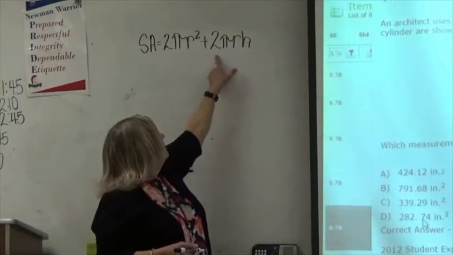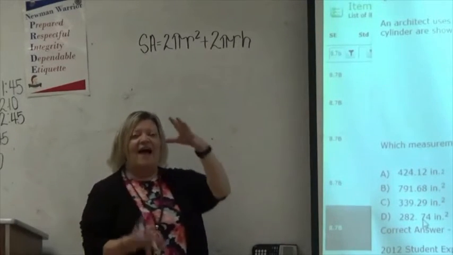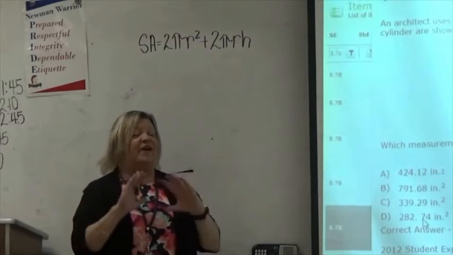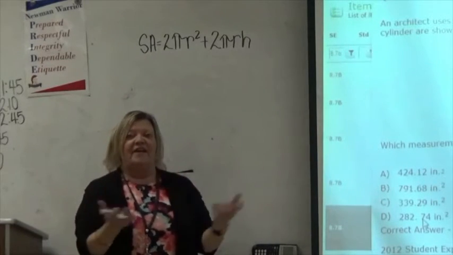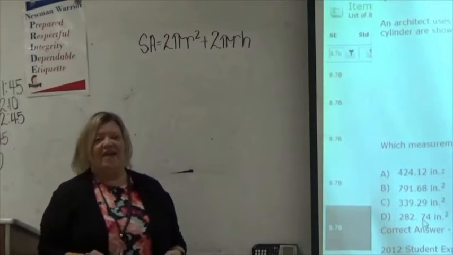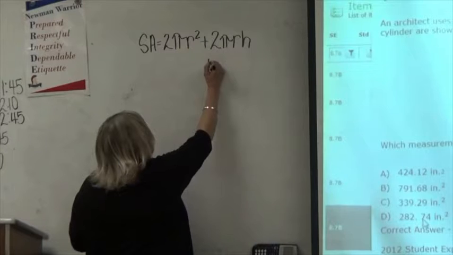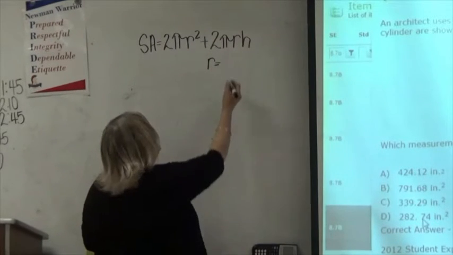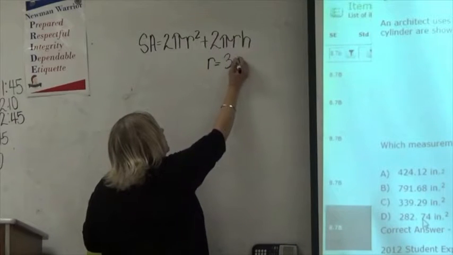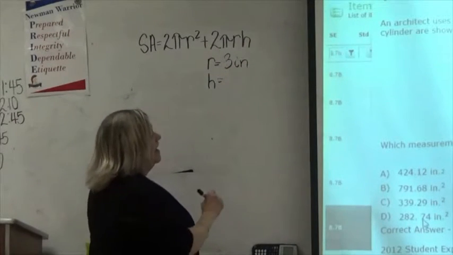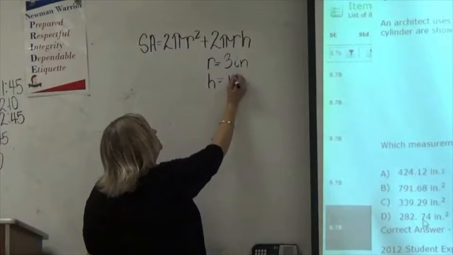And the 2 pi times radius and height is basically the area of the label that goes around the tube. They gave us the radius, so we don't have to cut a diameter in two. They gave us a radius of 3 inches and a height of 15 inches.